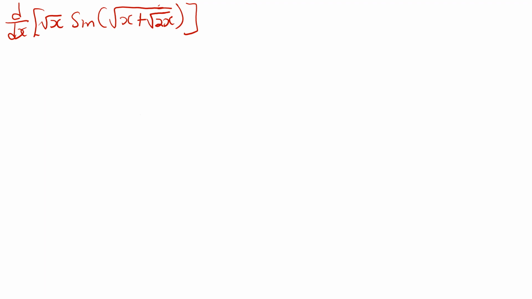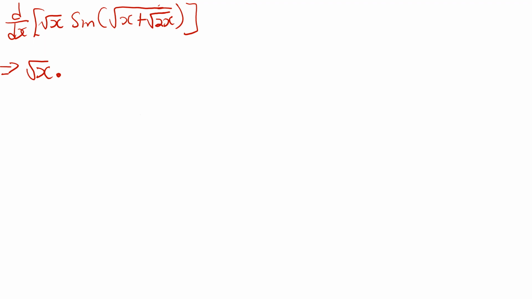We have to differentiate square root of x multiplied by sine of root of x plus root of 2x. So here, if you can see, we are going to apply the product rule. The product rule says that you can keep the first term the way it is and multiply with the derivative of the second term.